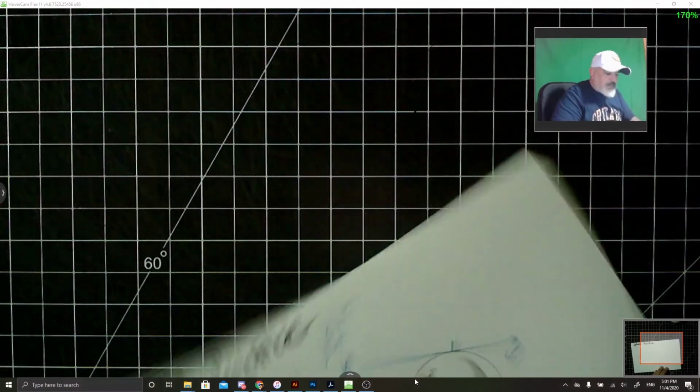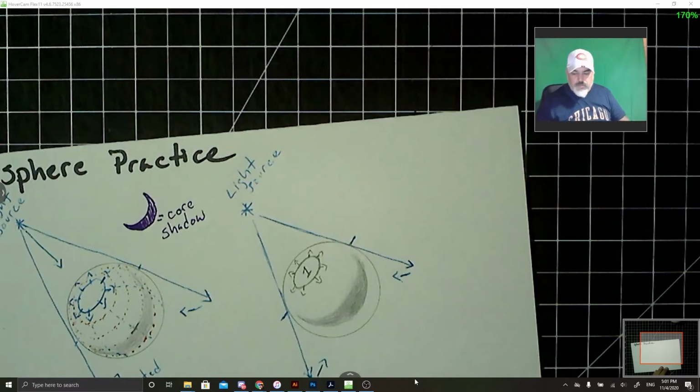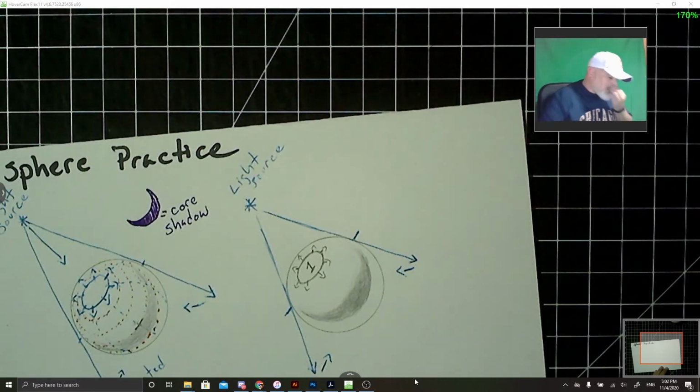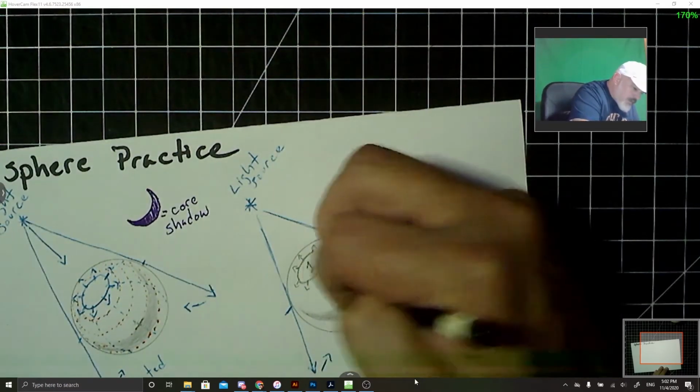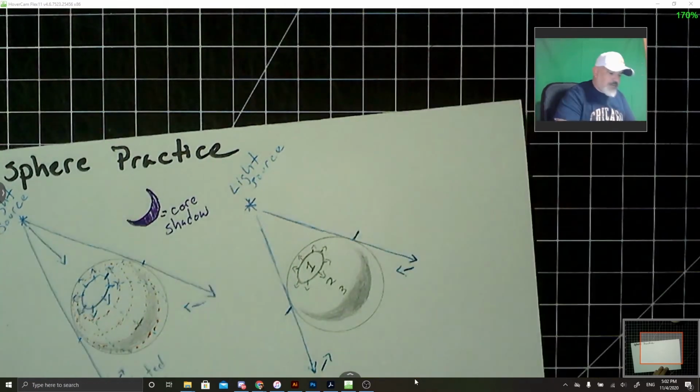Okay, so there's going to be my core shadow. And we saw this when we were drawing and doing our diagrams. So I'm also going to put a 2, a 3, okay?